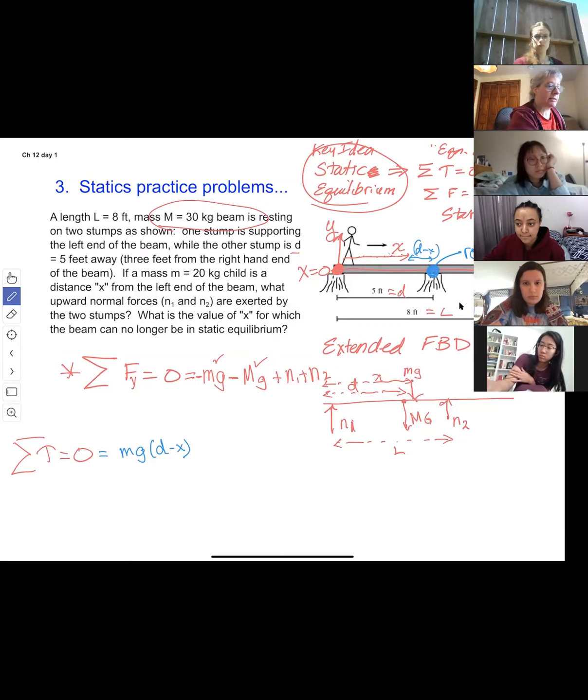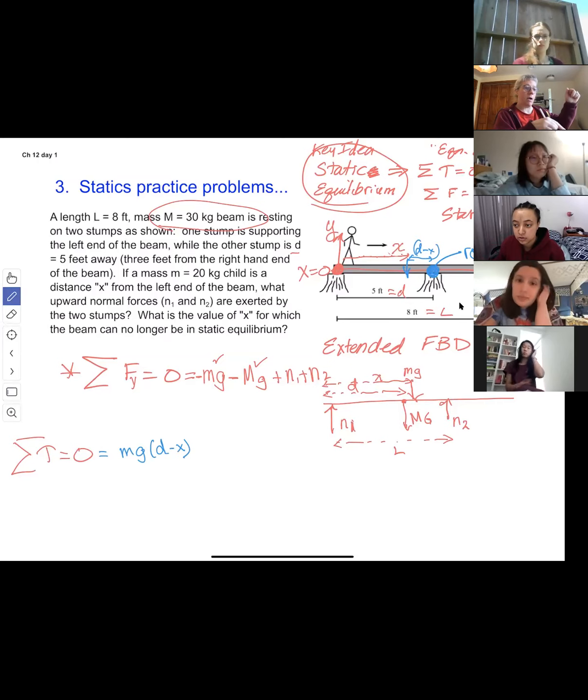So a torque for a force that's applied, say, right here, would that make the log go clockwise or counterclockwise? Clockwise. Does everybody agree with that? Oh, counterclockwise.